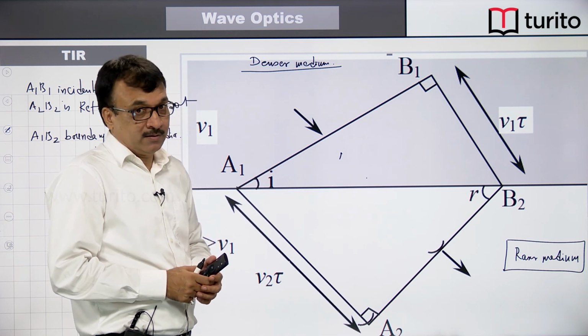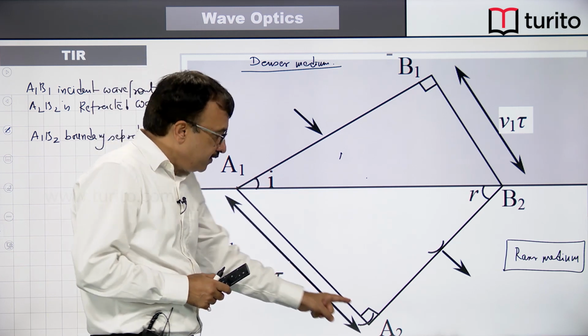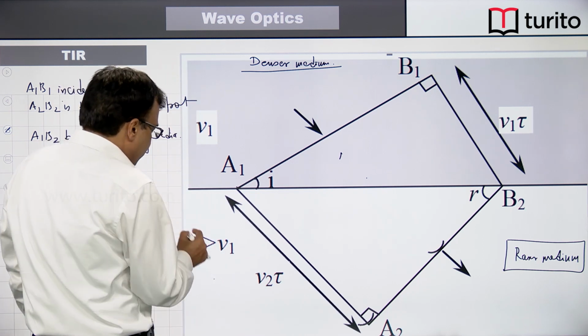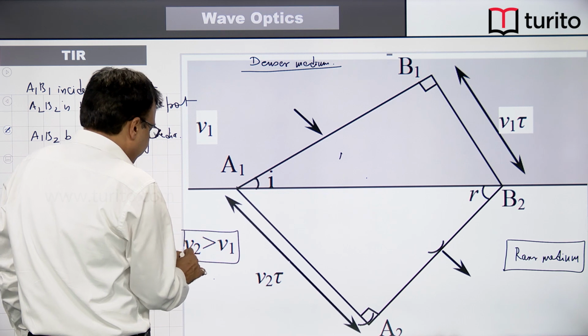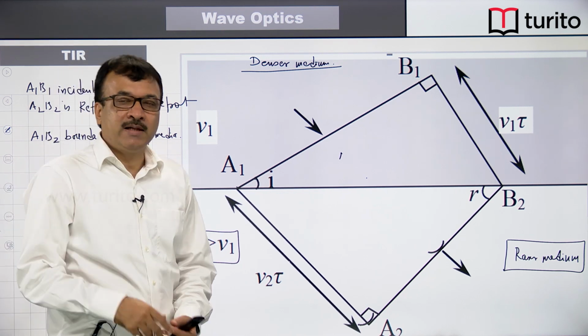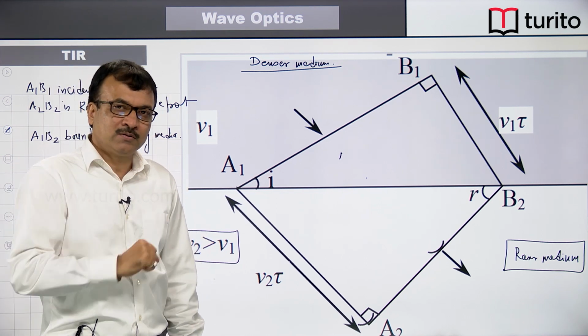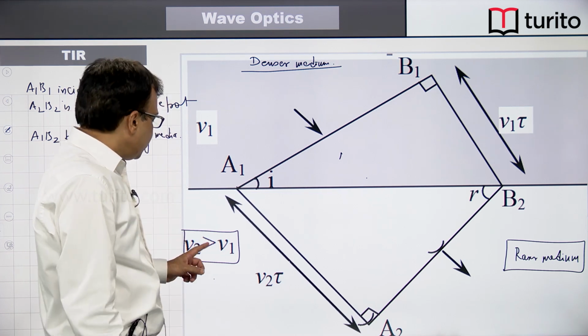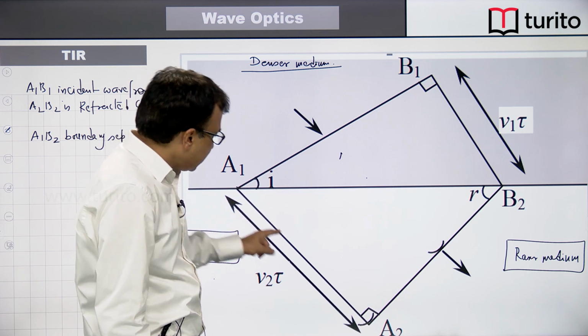And remember one thing, this distance A1 A2 is more because v2 is more. Rarer medium means v2 greater than v1. Rarer medium is where the speed of light is more, and denser is where the speed of light is less. So since v2 is greater, this distance is greater.